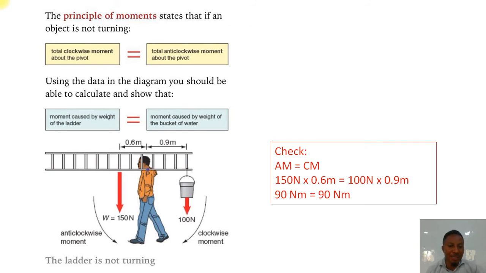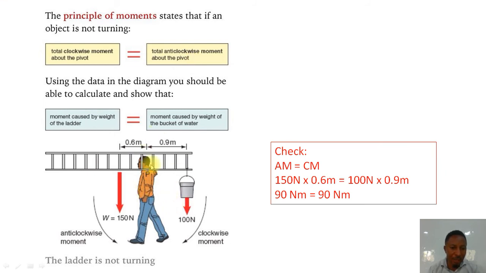Now if an object is in a balanced state, that is neither tilting to the left or to the right, the principle of moment states that the total clockwise moment about the pivot is equal to the total anti-clockwise moment about the pivot.